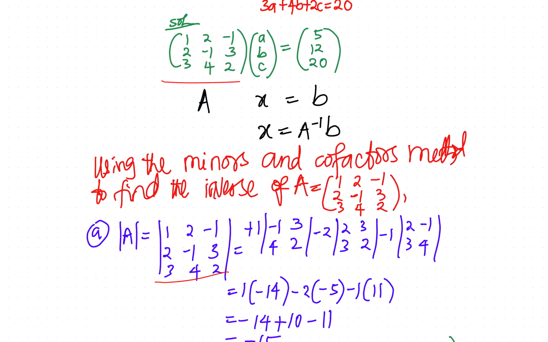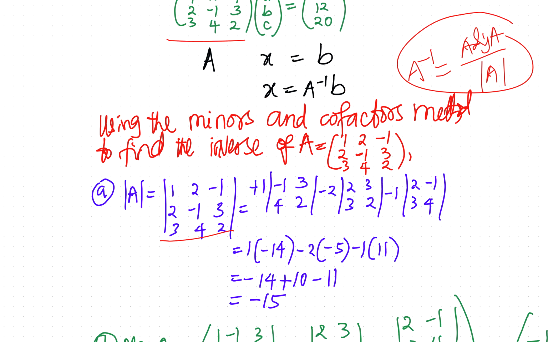And for the minors and cofactors method, you need the determinant, you need the minors, you need the cofactors, and then you need the inverse of the cofactors, which is the adjoint, and then A inverse here is actually the adjoint of A all over the determinant of A. Okay, don't forget that.